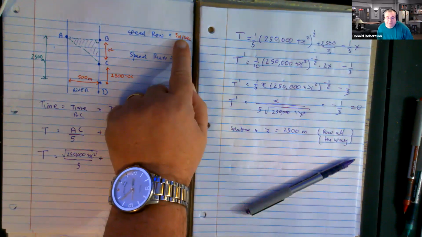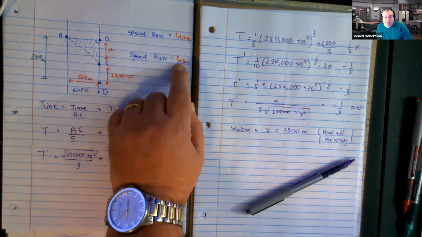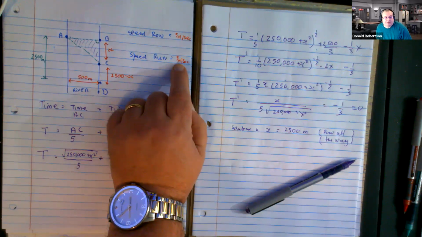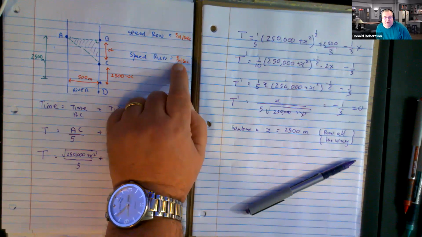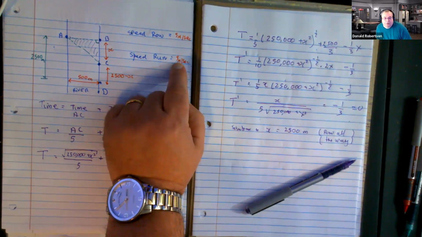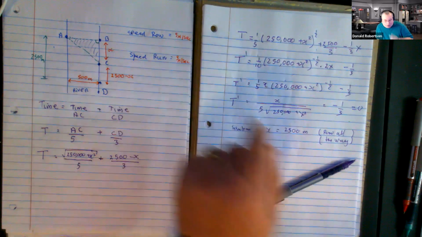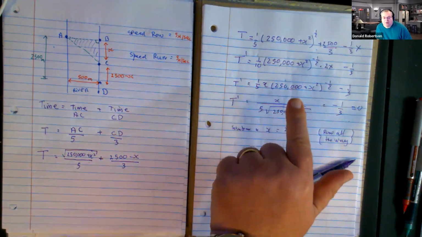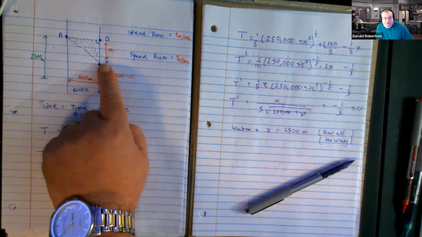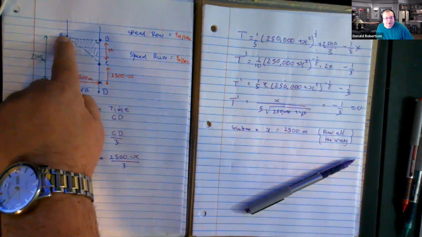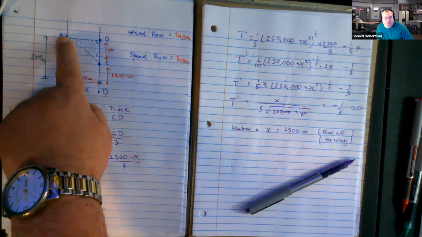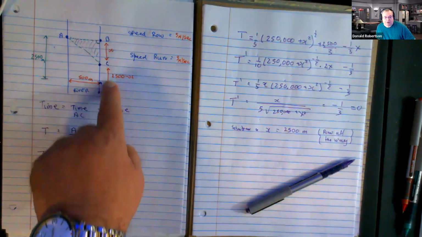Now, I could have played about with this number and that number. For instance, if I made this guy superhuman and he could run 10 meters a second, and I made him really slow at rowing, and I made this 1 meter a second, I could have changed the solution and have it so that he would be best to row this way and run all that way.